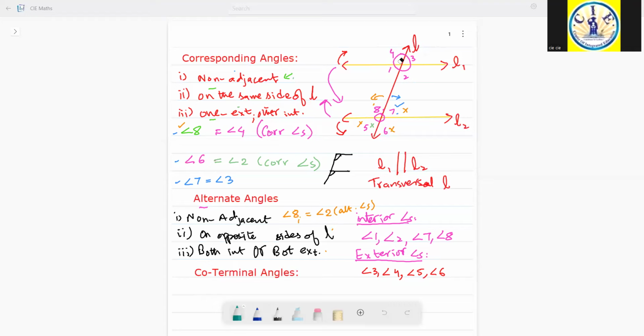Okay, then let's find out the alternate angle to angle 6, for example. Angle 6 is an angle that is lying on the outer side of these parallel lines, so that's why it is an exterior angle.